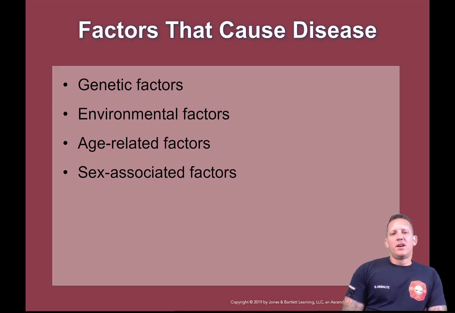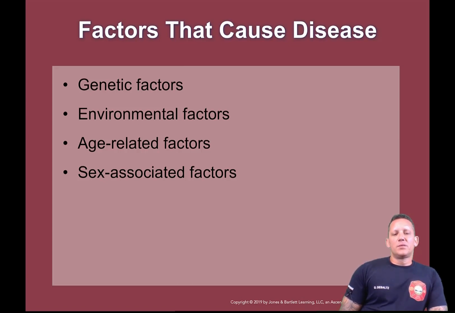Some of the factors that cause disease processes are genetic, environmental, age-related, and sex-associated. So some people have a genetic disposition to cardiovascular disease. Environmental factors would be something like cigarette smoking causing lung cancer or COPD.